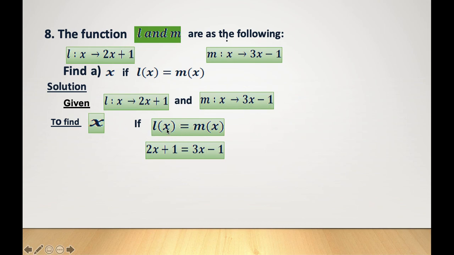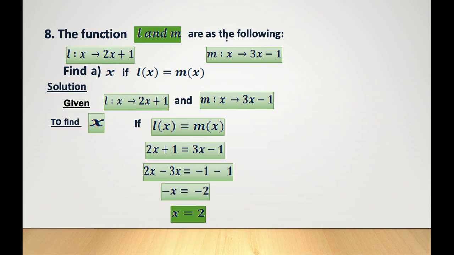Now group the like terms, students: 2x minus 3x is equal to negative 1 minus 1. So you get negative x is equal to negative 2. Negatives on both sides get nullified, as per the rules of transposing, so x is equal to 2. Your final answer: x equals 2.